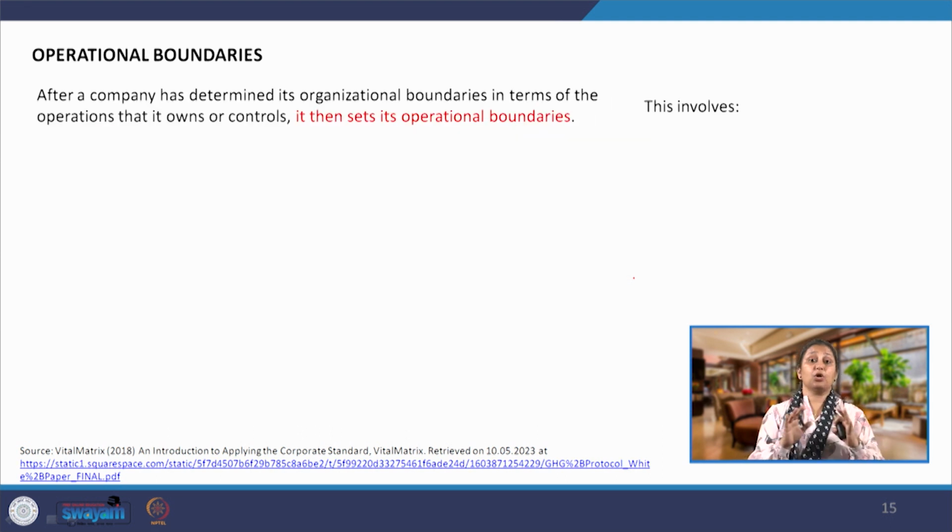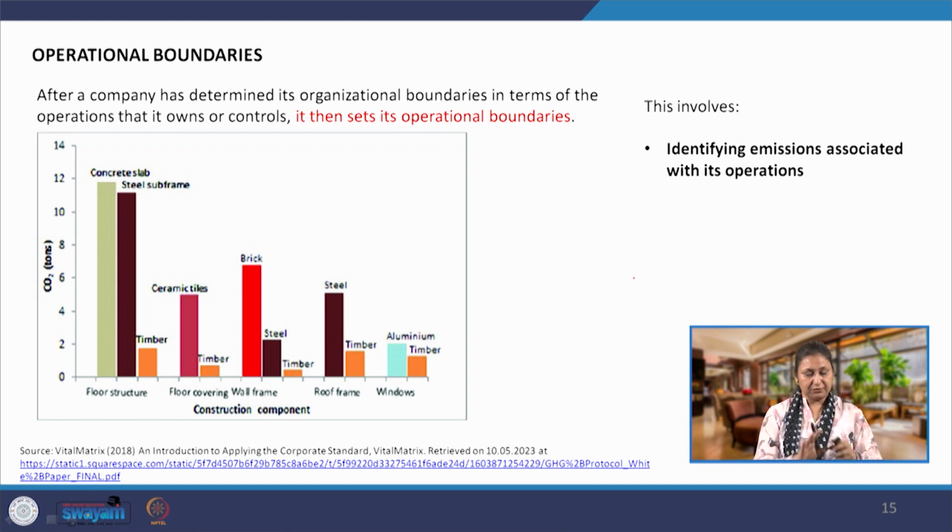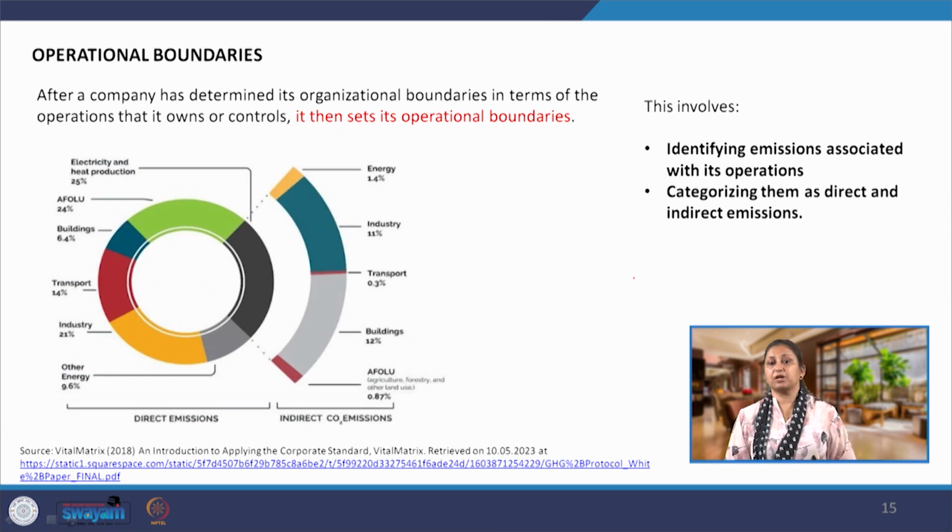Once we have defined the organizational boundary, which kind of includes everything, we have to set its operational boundaries. For example, if we are talking about say a developer company, a construction company, we have to know where and how much is actually going in operations and which particular activity. For a construction company it could be individual components, for example, how much is going in windows, or roof or walls, it could be different for different companies.